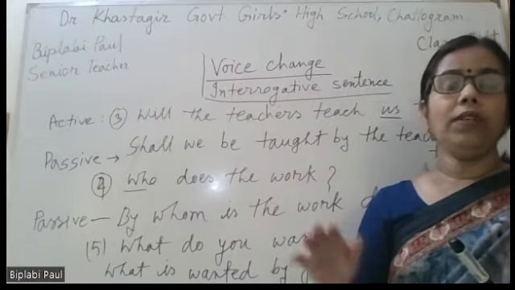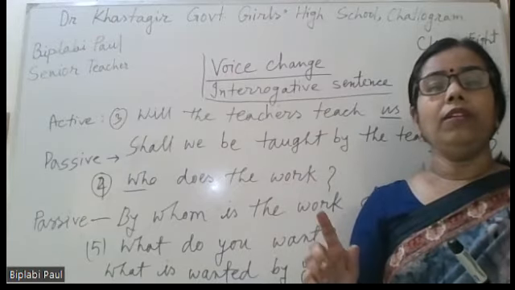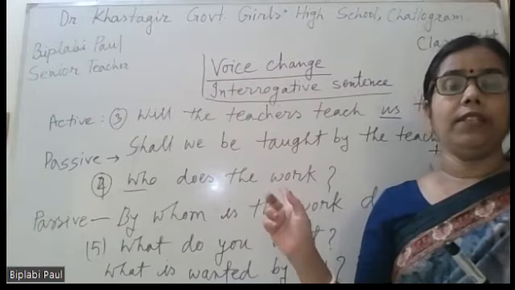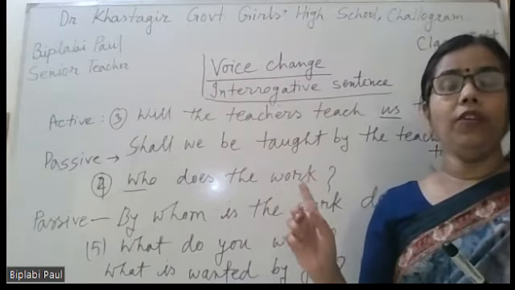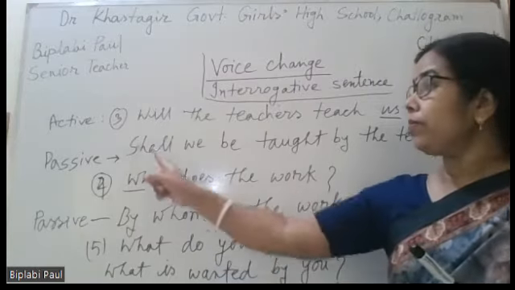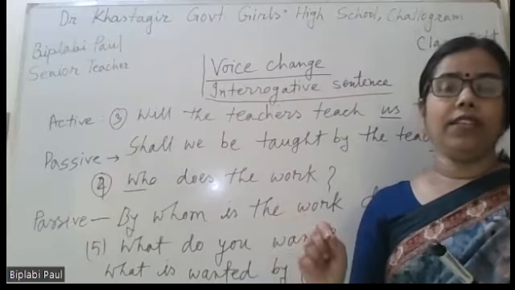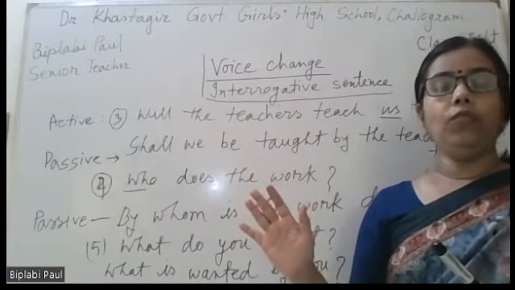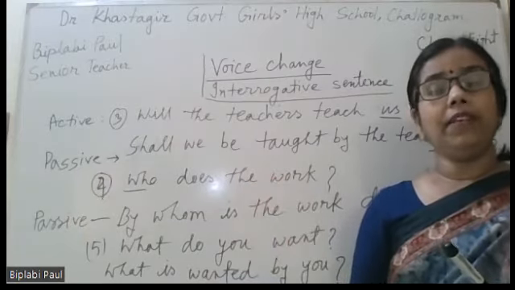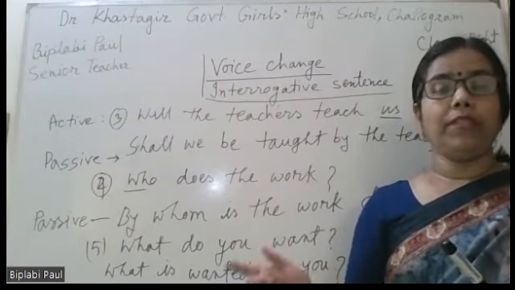As it is an interrogative sentence, you have to put the auxiliary verb in the beginning of the sentence. And all other rules will be the same as changing assertive sentences into passive voice.